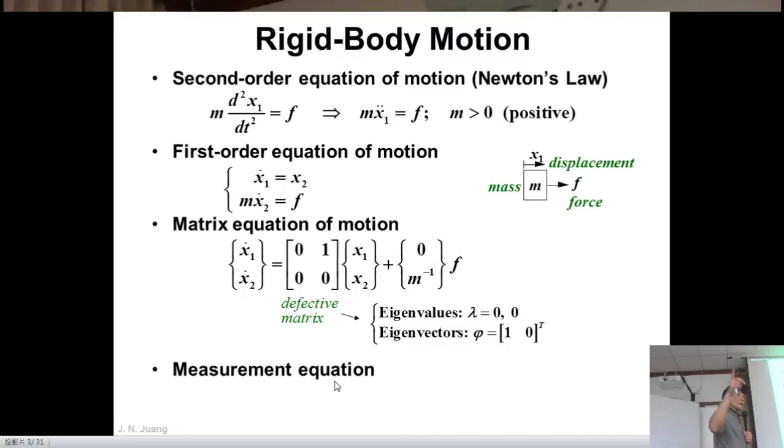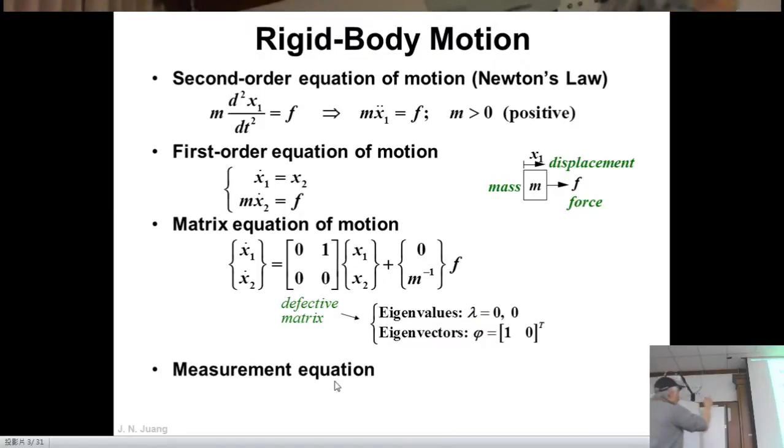Okay, now second one. For any system to be controlled, we have 2 equations. One we call the matrix equation of motion. One is called the measurement equation. If you have a sensor to measure any motion of a system, then you will have a measurement equation.